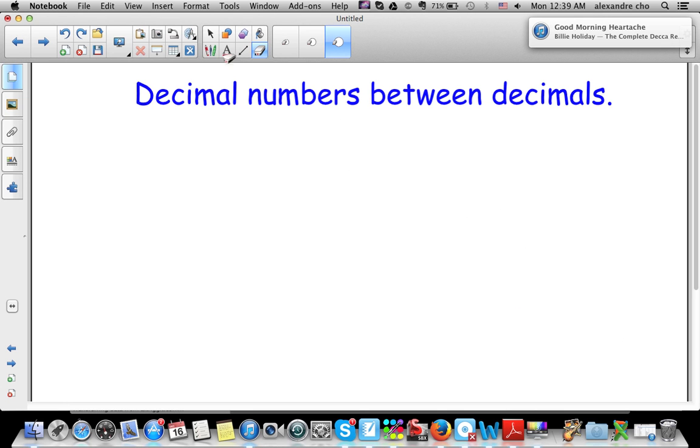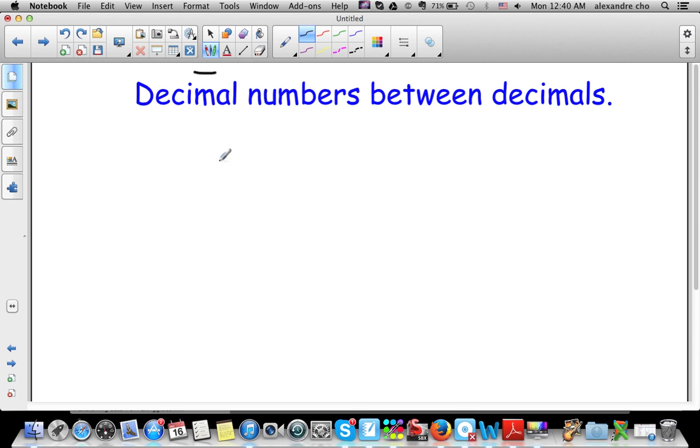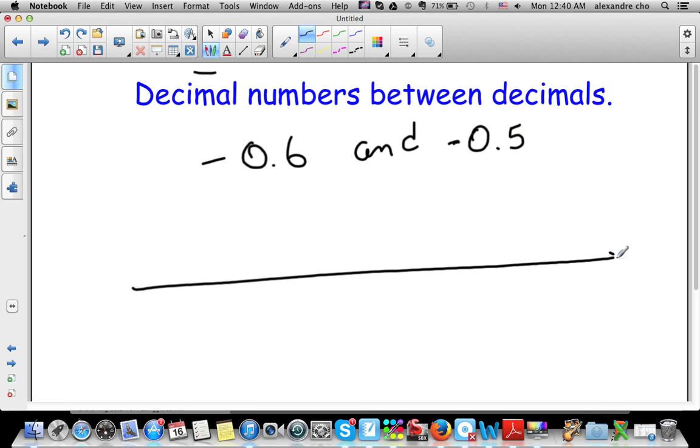So it's the one with negatives. So we got negative 0.6 and negative 0.5. Number line.